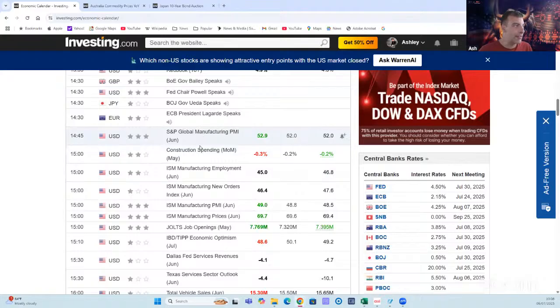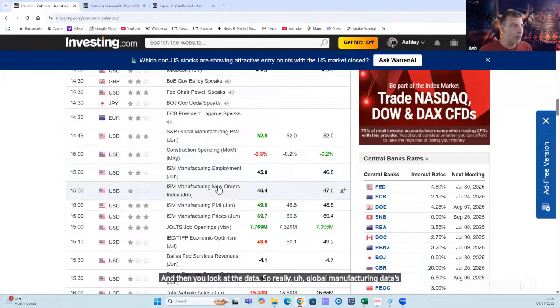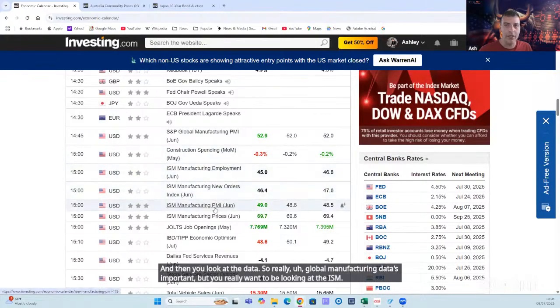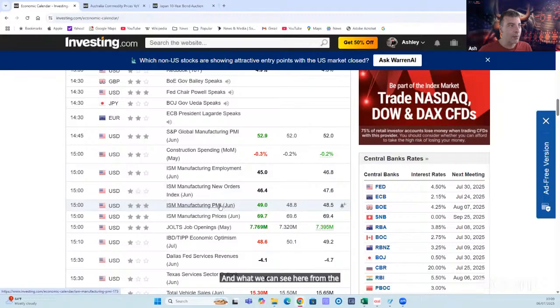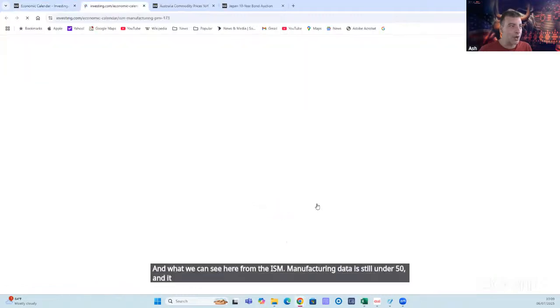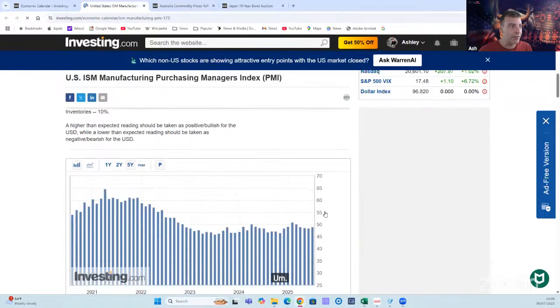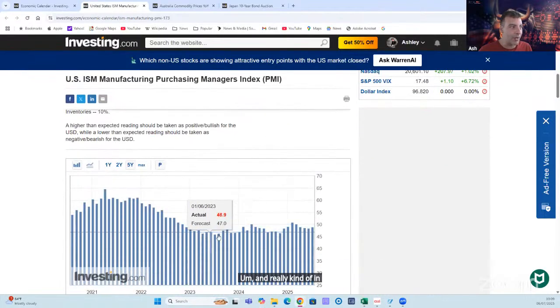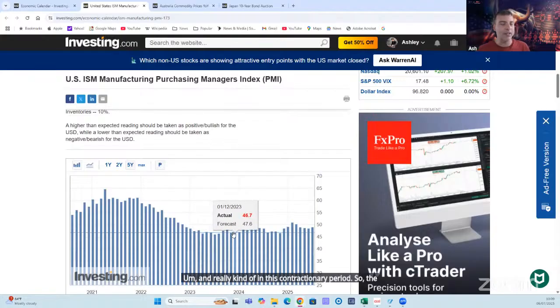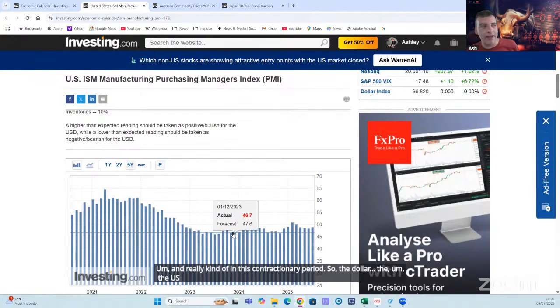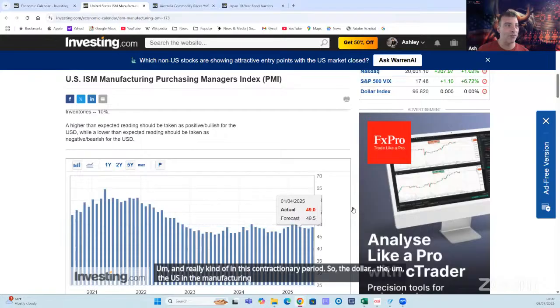And then you look at the data. So really, global manufacturing data is important, but you really want to be looking at the ISM. And what we can see here from the ISM, manufacturing data is still under 50, and it's been there for quite some time, in this contractionary period. So the US manufacturing sector has not been performing too well.